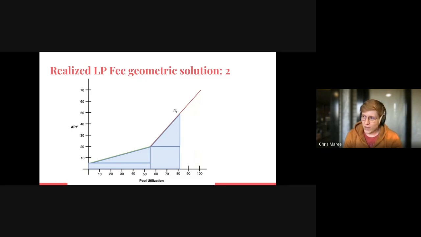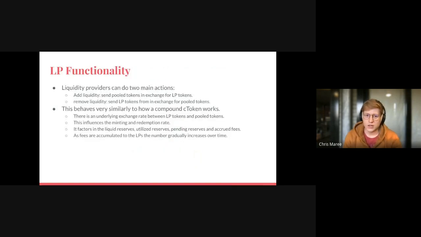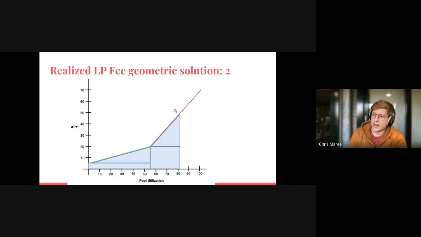And one thing that I didn't really mention so much earlier, but we can quickly talk about it now. The way that this realized LP fee actually gets on chain is when the relayer brings the deposit information on chain.